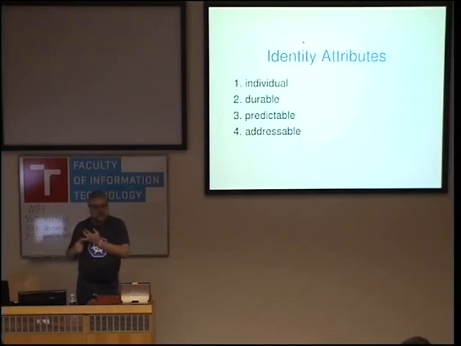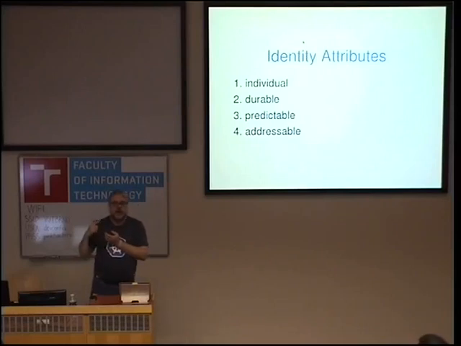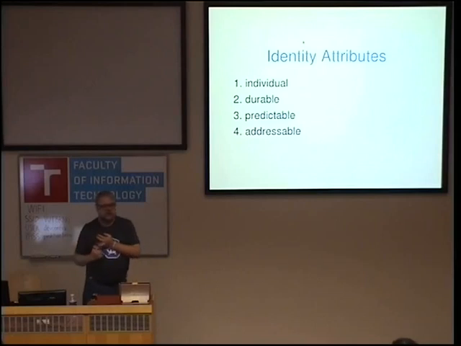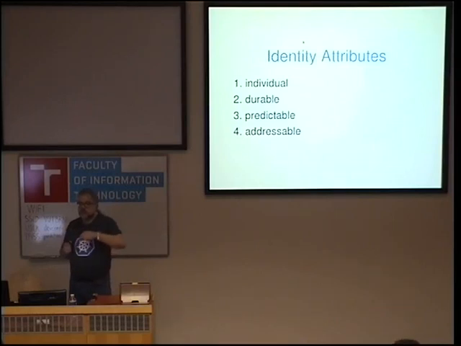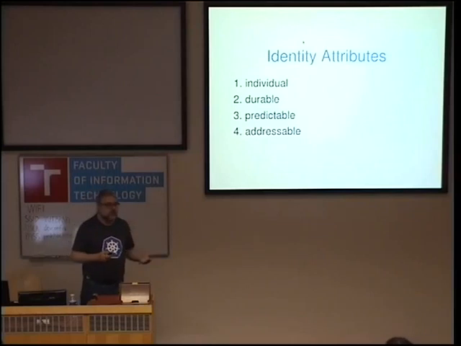It needs to be predictable so that I don't run into the bootstrap problem of I can't start etcd because etcd needs a list of nodes and I don't have the list of nodes until I start them. And it needs to be addressable. That is, we need to be able to, via DNS or networking, connect to these nodes by those identity names.